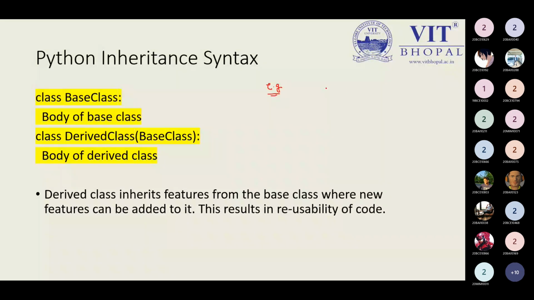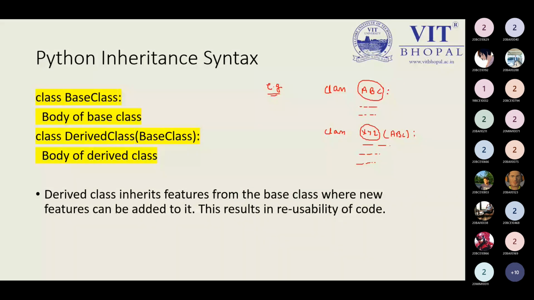I'm creating a class ABC and a colon, and I'm putting its attributes and features over here, and here I'm creating another class XYZ, and inside the parentheses I'm putting the base class name. So what is my base class? ABC, and then putting the colon as per the rules, and I'm putting its attributes and features under it as well. So here ABC would be my base class and XYZ would be my derived class.